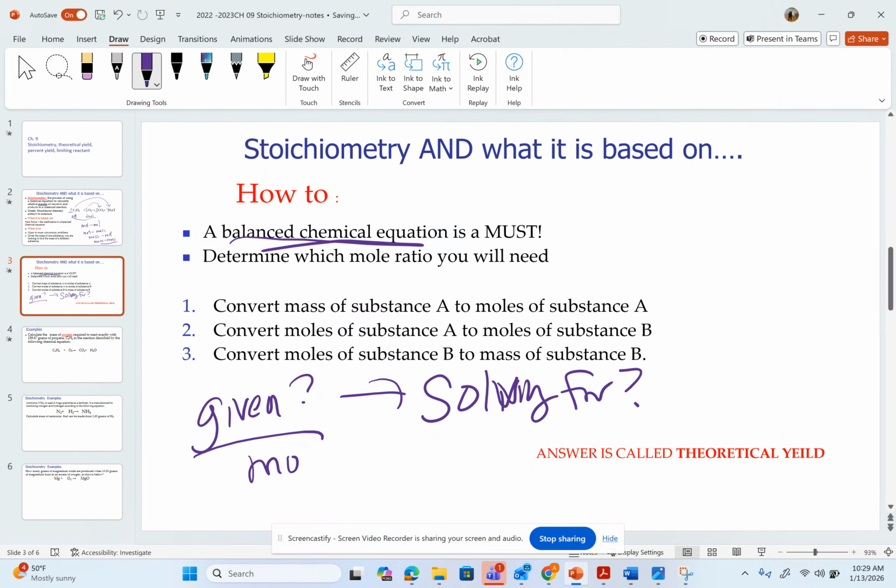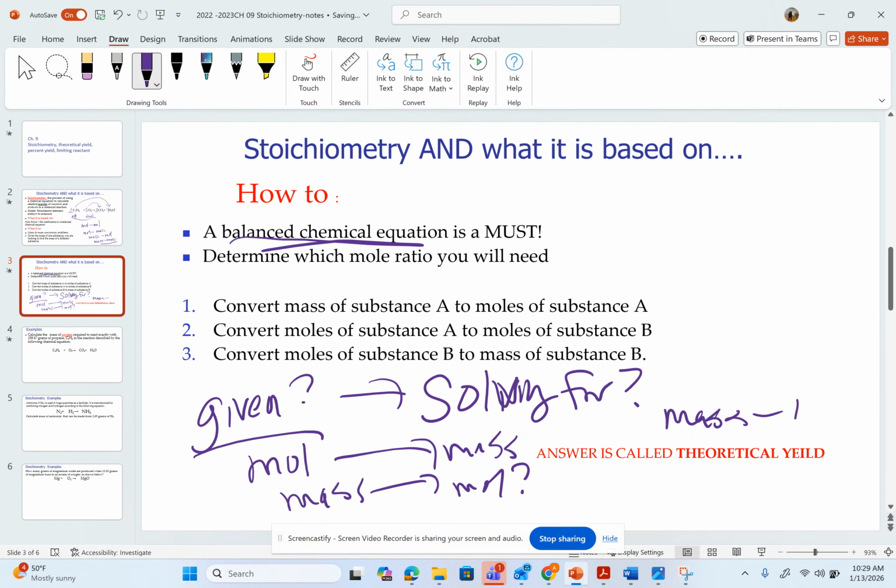Are we given moles and have to find mass? Are we given mass and have to find moles? Are we given mass and have to find mass? You have to figure out what you're given and then what you're trying to solve for. And we're going to use dimensional analysis to solve these problems.